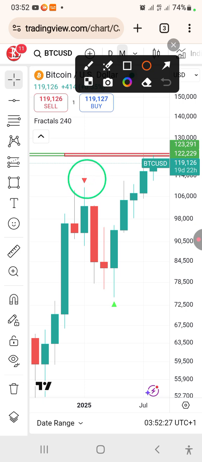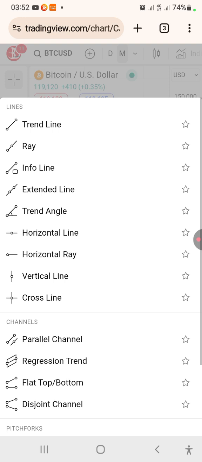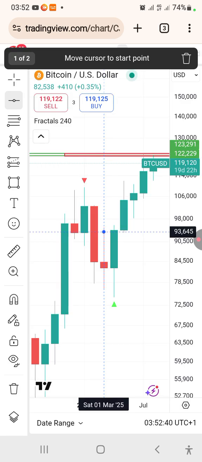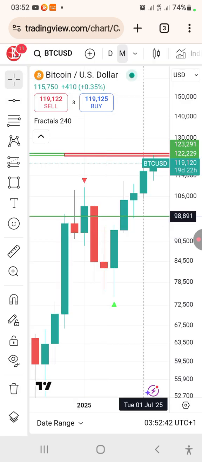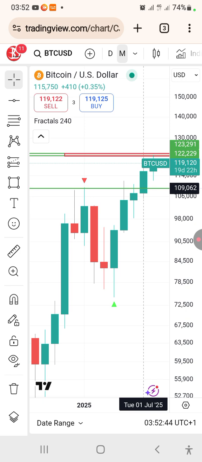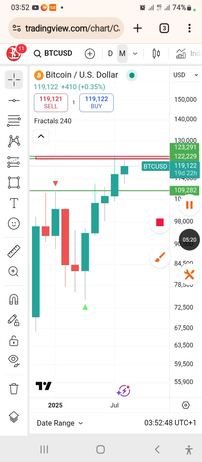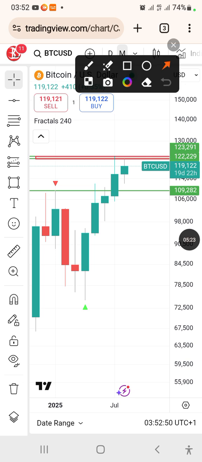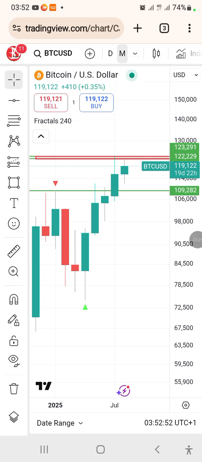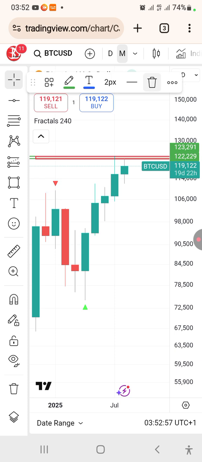This is a resistance, but it is invalid because the market has broken that area to the upside, so you don't need it. Let me put the line there. As long as the market has passed that line, we don't need it again. So it has passed that line. So get rid of it.